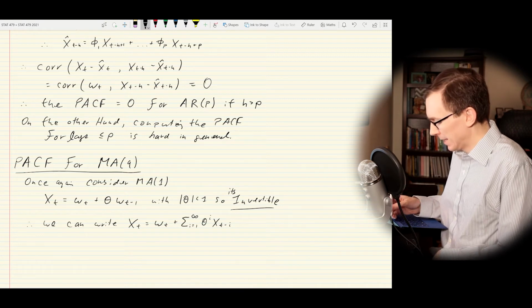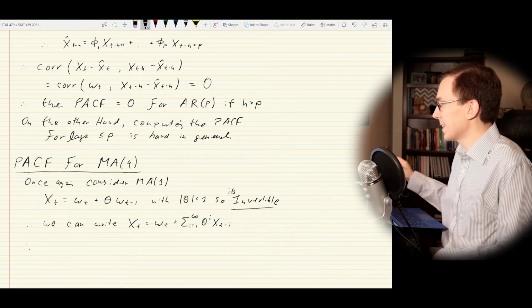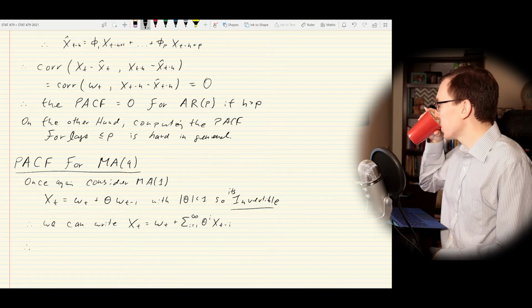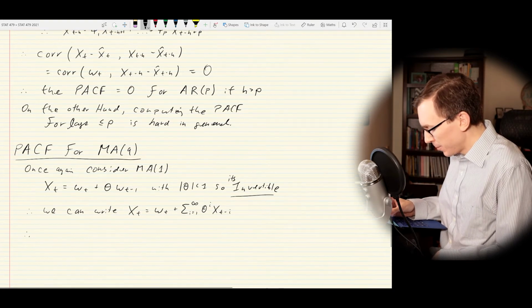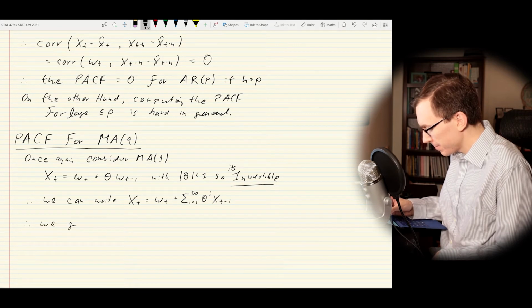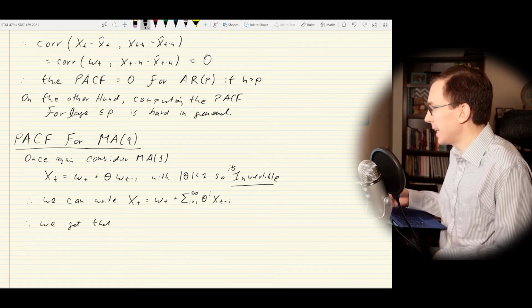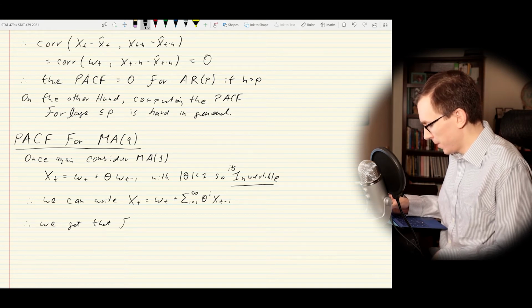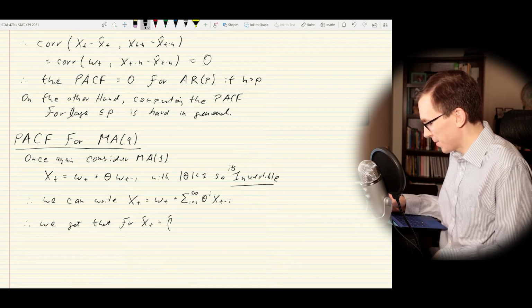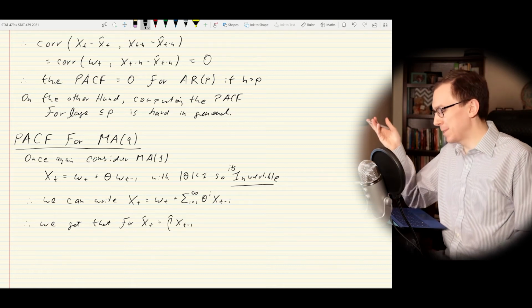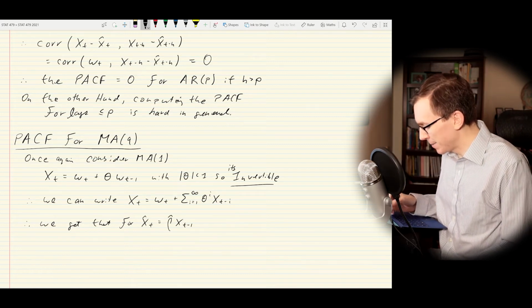So therefore, once again, when trying to predict x hat t from the previous observation x_{t-1}, we're going to get, in some sense, the exact same thing we did last time.